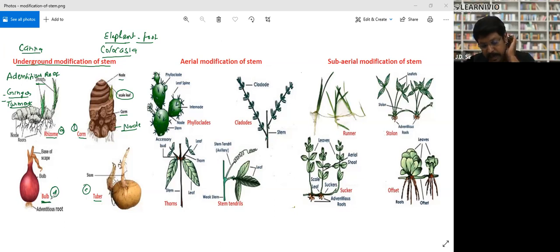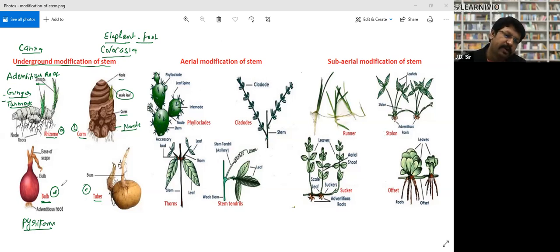Bulb is an underground, spherical or pyriform structure. This structure is called pyriform. So bulb is an underground, pyriform or spherical structure. Full stop.